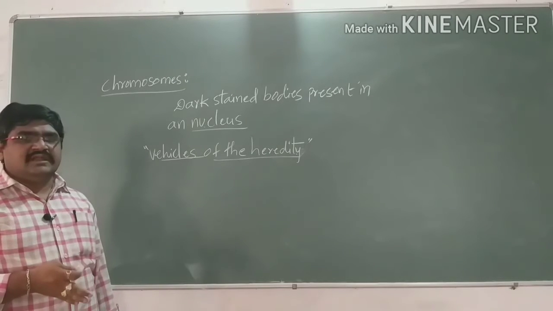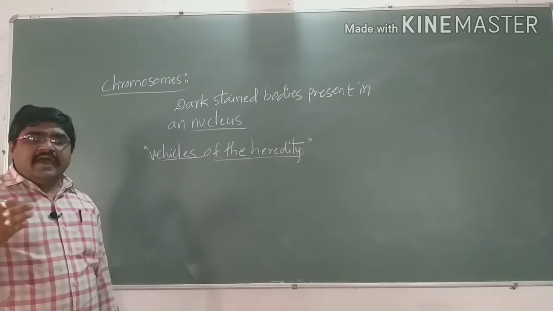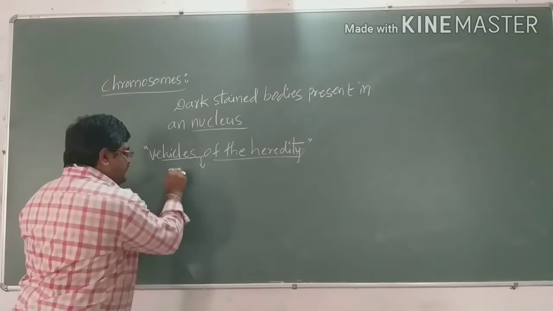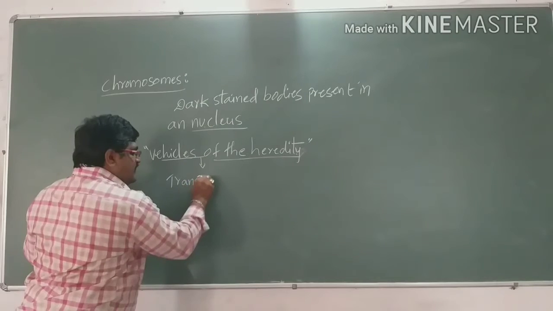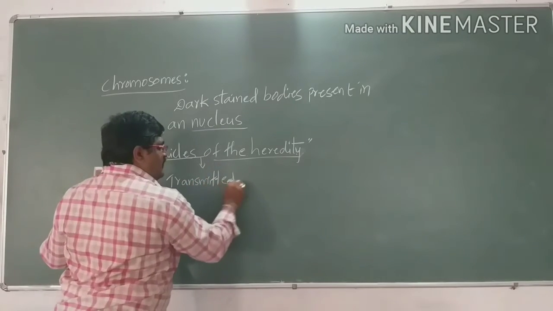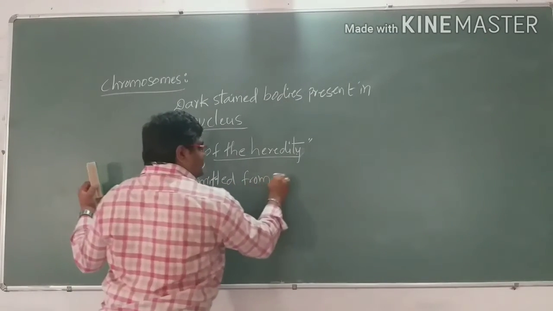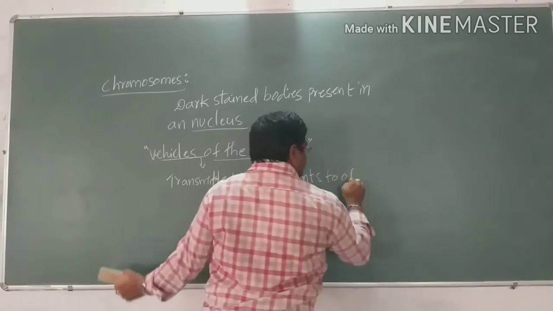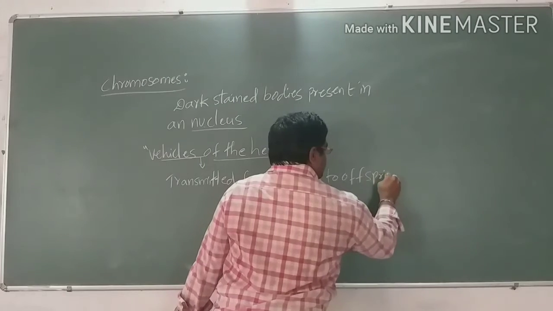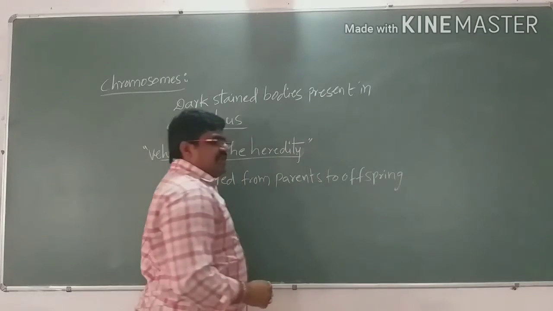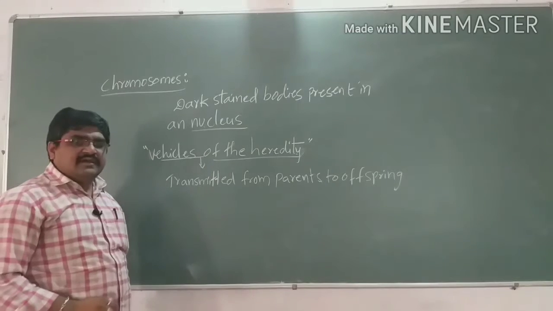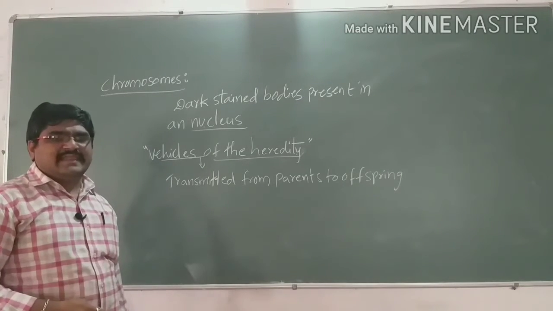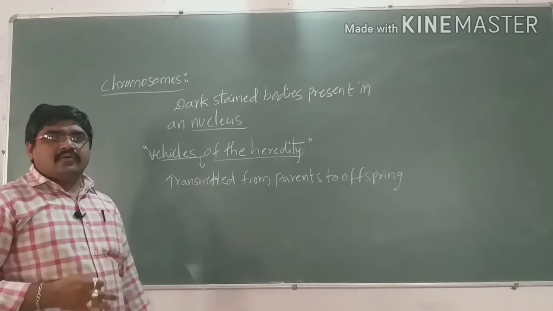That means from the parents they are transmitted to their offspring. The chromosomes are transmitted from parents to offspring, or otherwise from one generation to another generation. That means the parental chromosomes carry the parental characters.